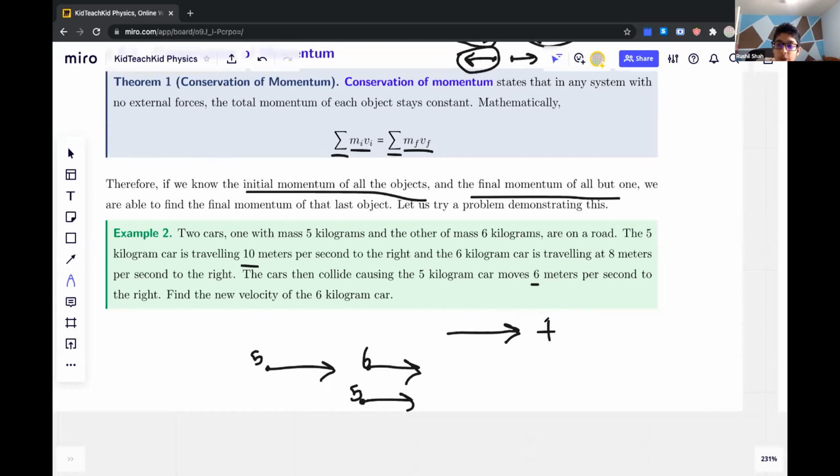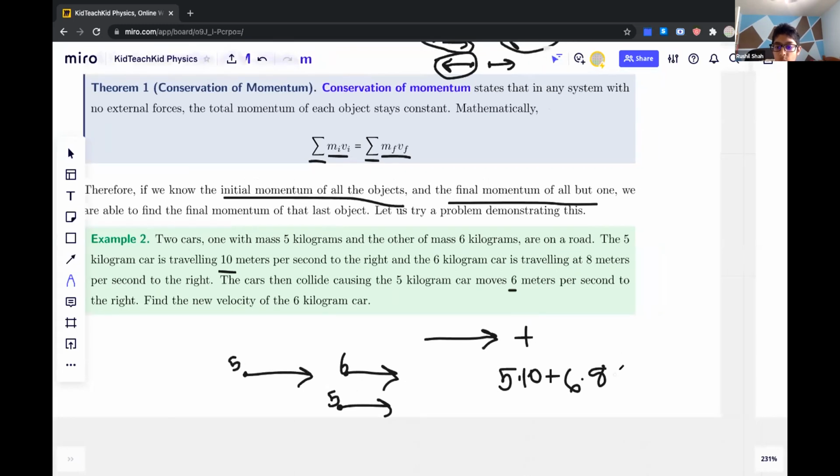So if we take the rightwards direction as positive, then the total momentum will be 5, which is the mass of the first car, times the velocity of the first car, which is 10, plus the momentum of the second car will be 6 times its velocity, which is 8. And if we add this, we get that the total initial momentum is 98. And since both of them are to the right, it's positive. So that's why both of these, 5 times 10 and 6 times 8, are positive.